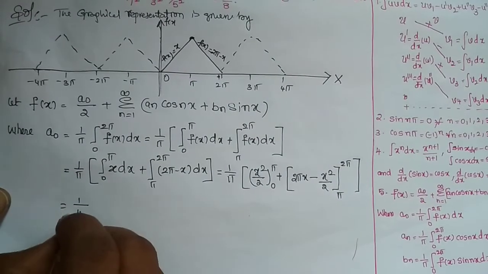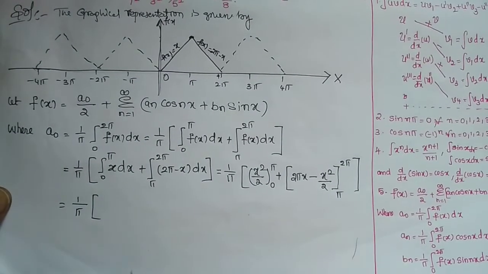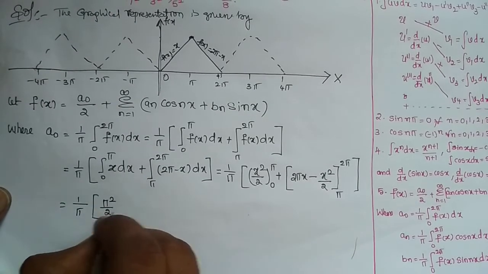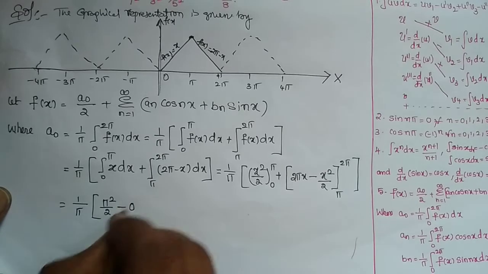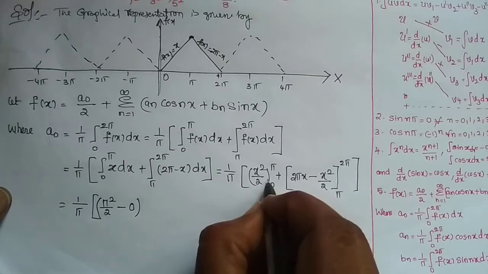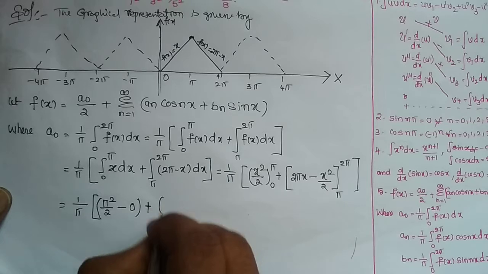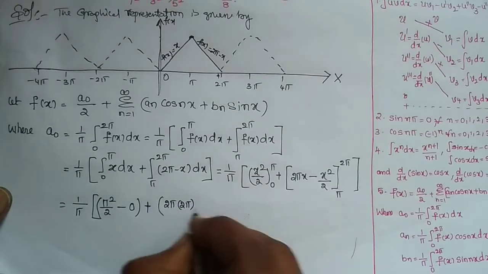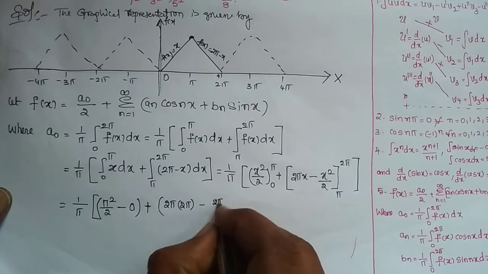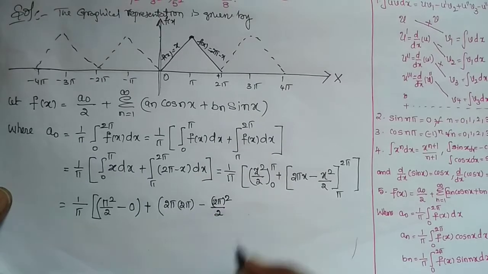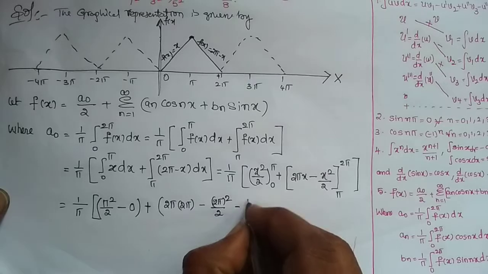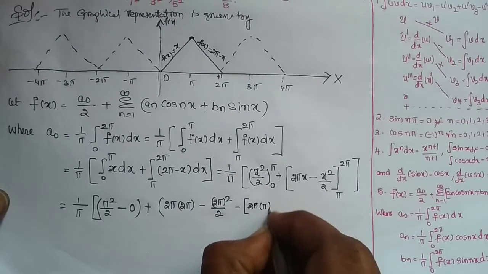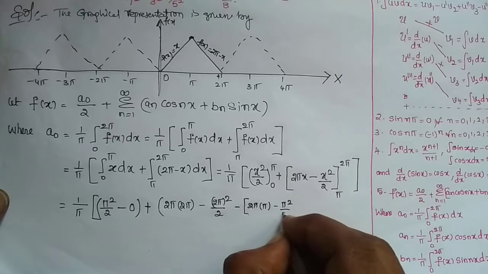First limit: pi square by 2 minus 0 by 2, that means 0. Plus the second one: 2 pi into 2 pi, x replaced by 2 pi, minus 2 pi whole square by 2. This is the upper limit. And the lower limit: minus of 2 pi into pi minus pi square by 2.